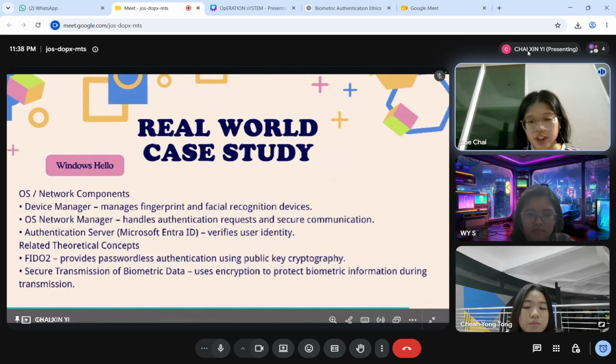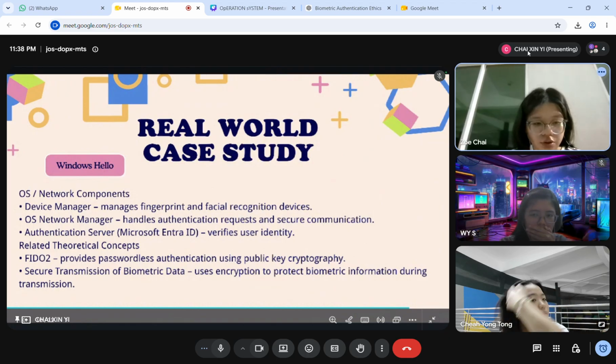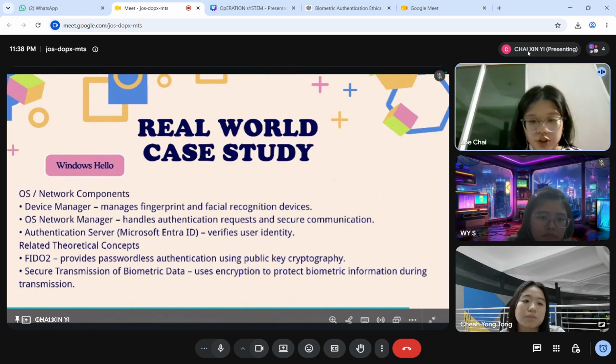So now I'm going to present about the last part, which is the real world case studies about the biometric authentications. The example that I choose is the Windows Hello for Windows because it supports the fingerprint recognitions, facial recognitions, and also the iris scannings for the users' authentications. And there are three main operating system or network components involved.